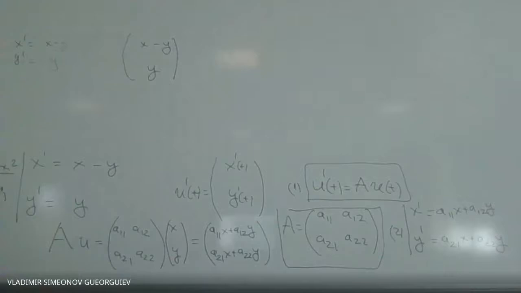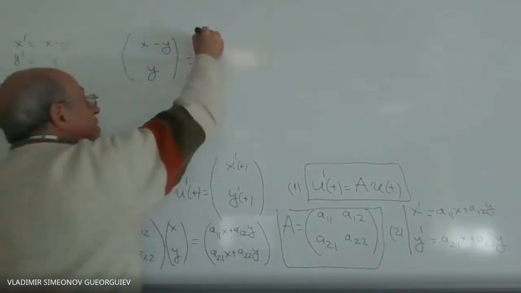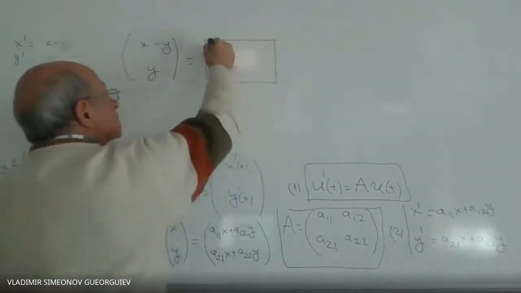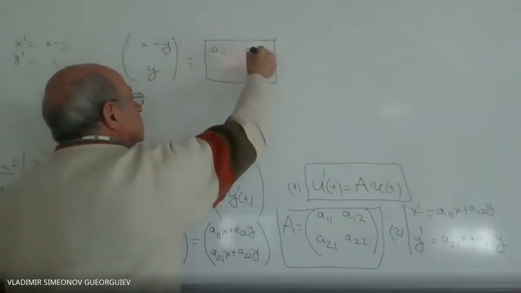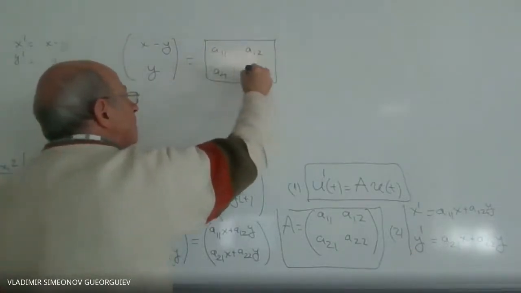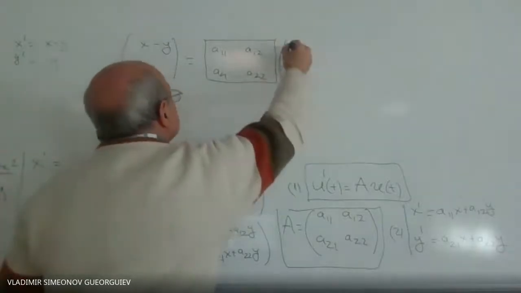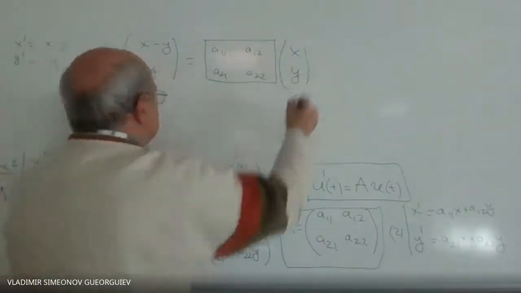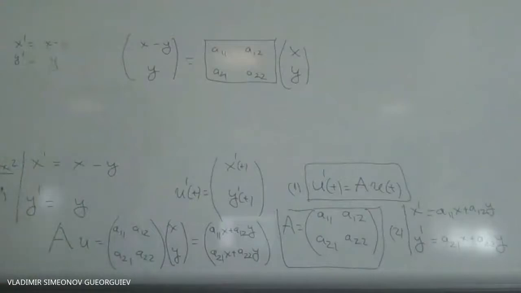We are looking for a matrix, let's put this matrix A11, A12, A21, A22, so that applying it to x, y gives this vector.